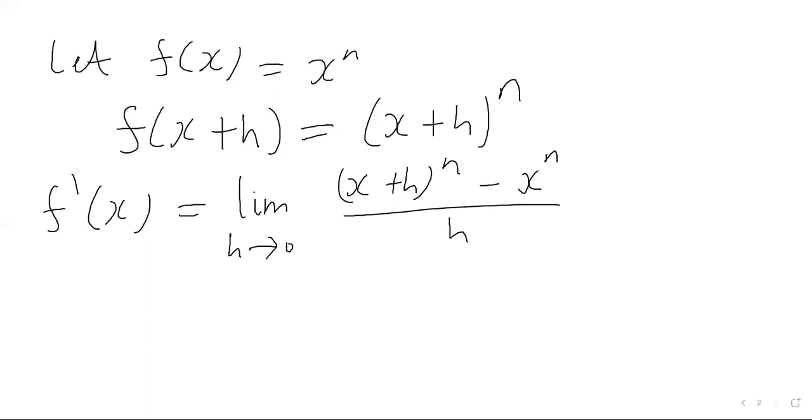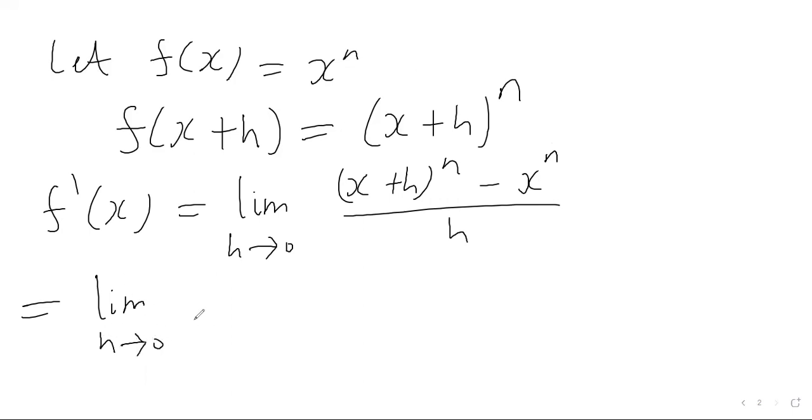Now the next step in this process is to expand the brackets here, this x plus h all to the power of n. The easiest way to do that is to use the binomial expansion.